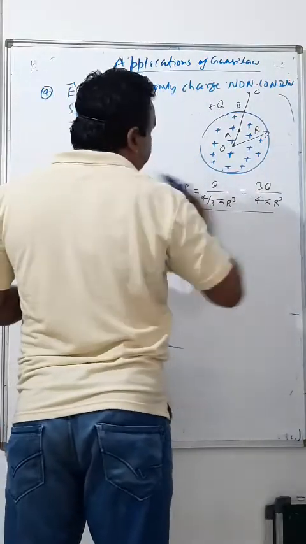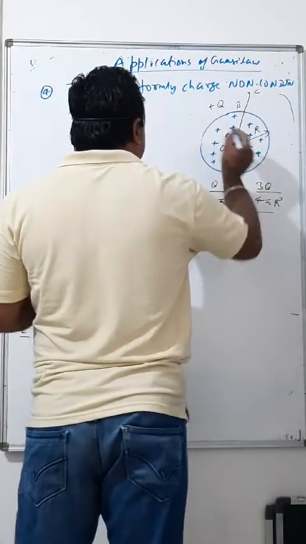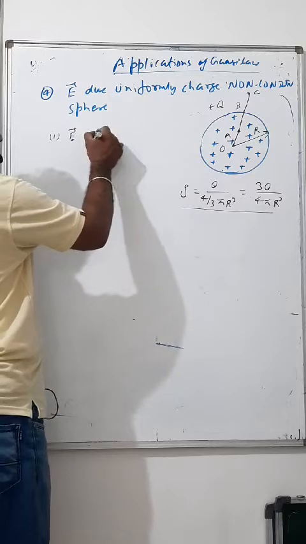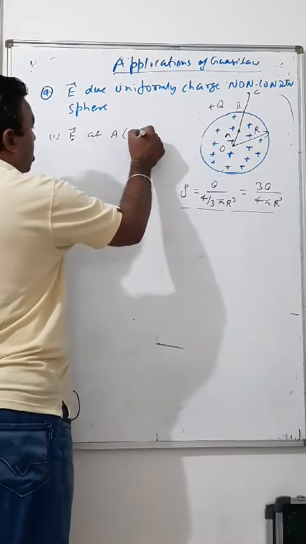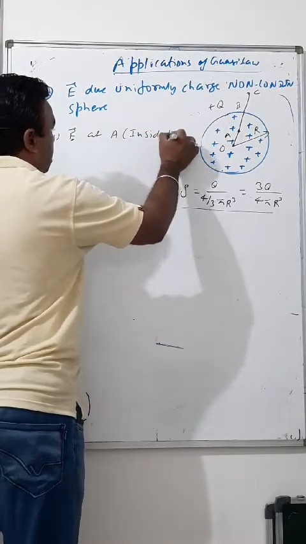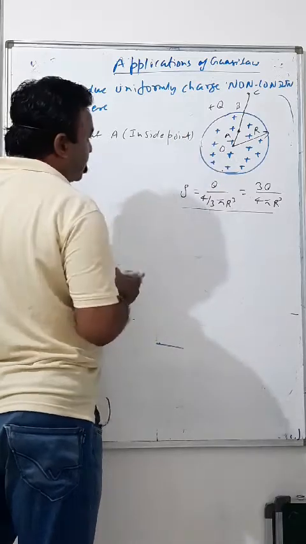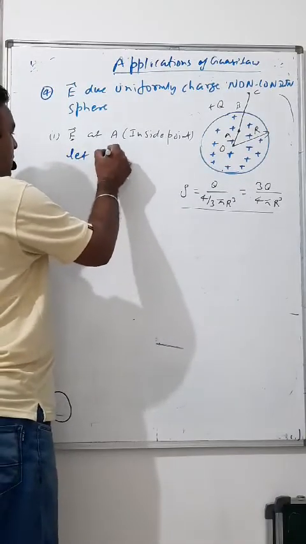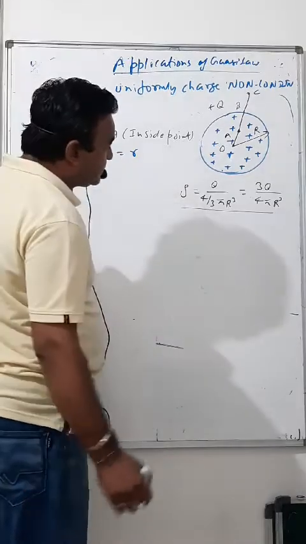Now, first of all, I talk about E at A, the inside point. Let OA be equal to r.